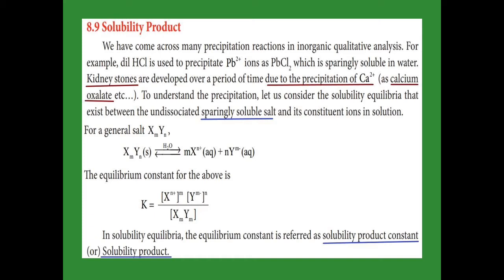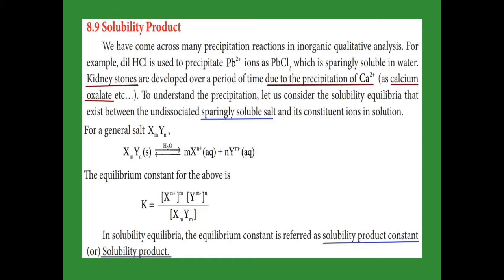In the equilibrium reaction, in the forward direction half changes into products, and in the backward direction half remains as salt. So XmYn gives m moles of X power n plus and n moles of Y power m minus. This is the equilibrium reaction.